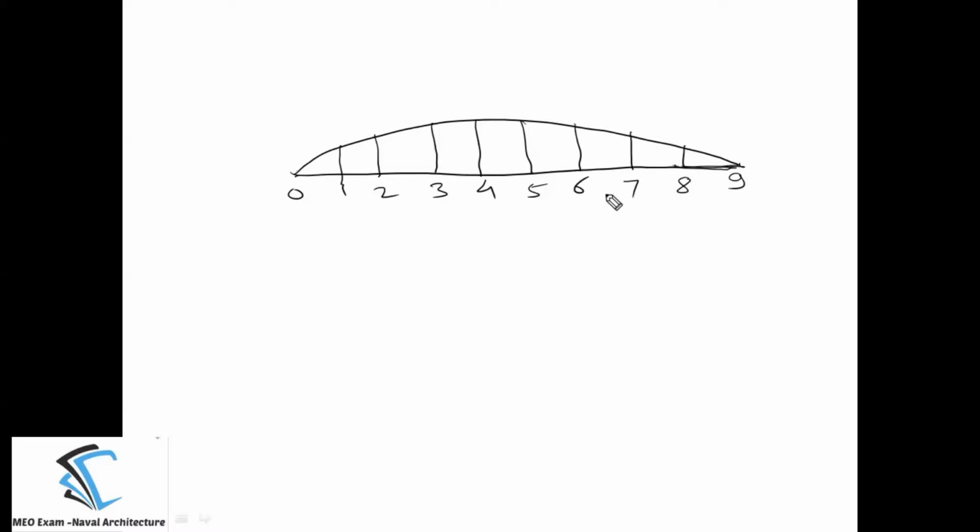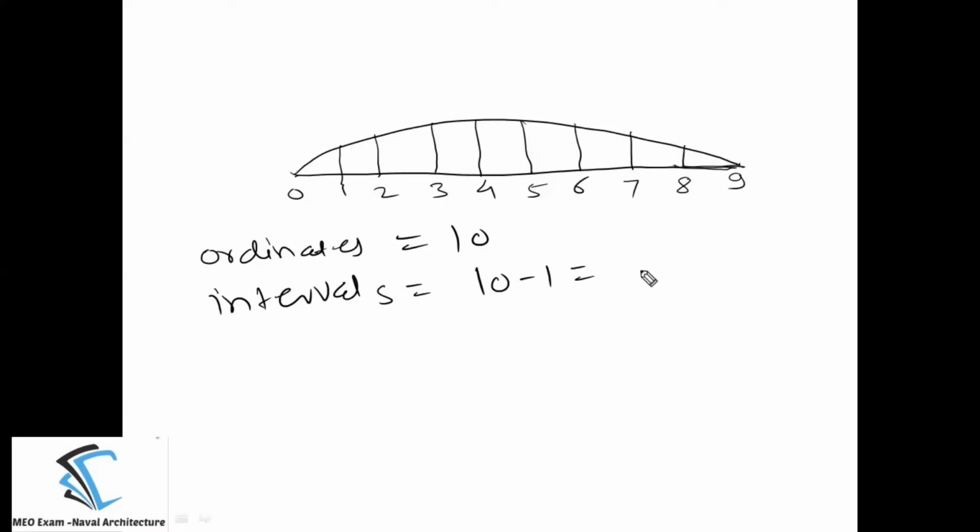So ordinates is 10. Intervals become 10 minus 1, it will be 9. So this is completely divisible by 3. So you can use Simpson's second rule.